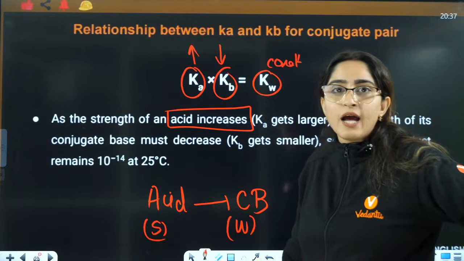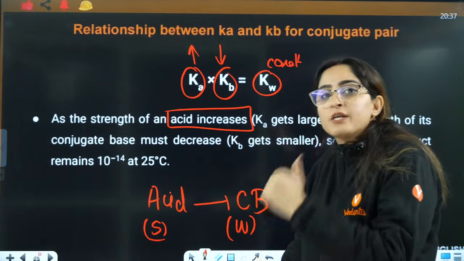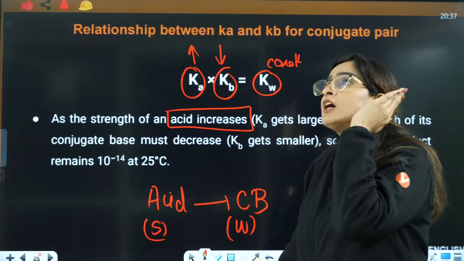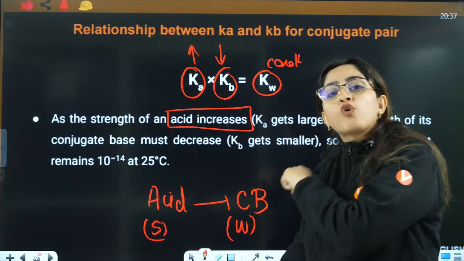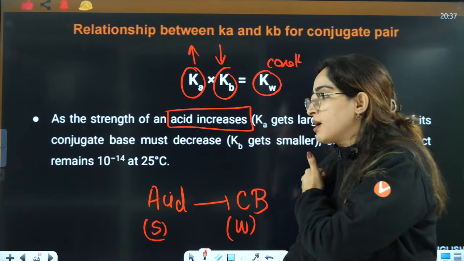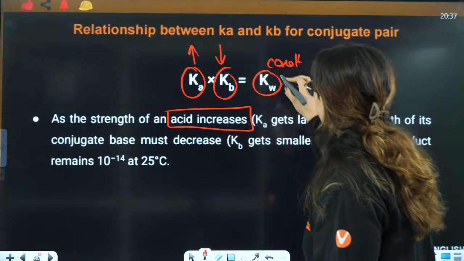For a strong acid, there will be a weak conjugate base. For a weak acid, there will be a strong conjugate base. For a weak base, there will be a strong conjugate acid. From a strong base, there will be a weak conjugate acid. It will always be opposite because the overall value has to be constant.